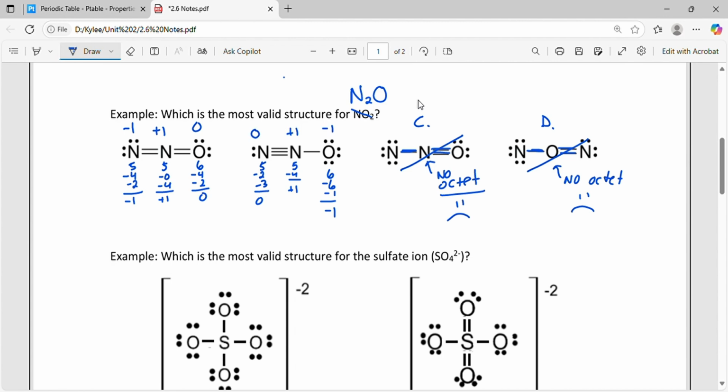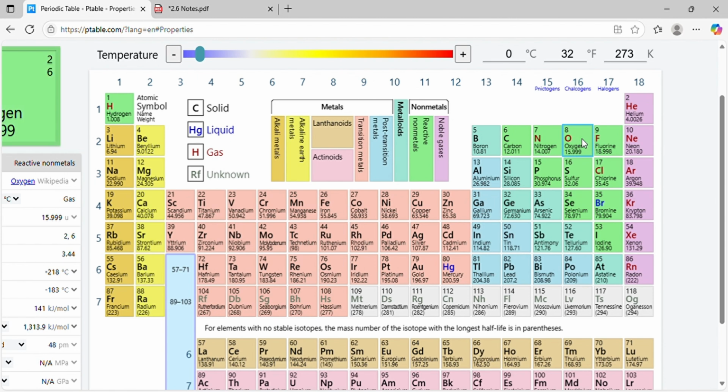So I don't have a situation like I did with the carbon dioxide where all of them are 0. So I need to make a judgment call here. And the key to deciding is I want to make sure that if we have to have a negative charge, it goes on the most electronegative atom. So if I were to pull up my periodic table, oxygen is going to be more electronegative than nitrogen is.